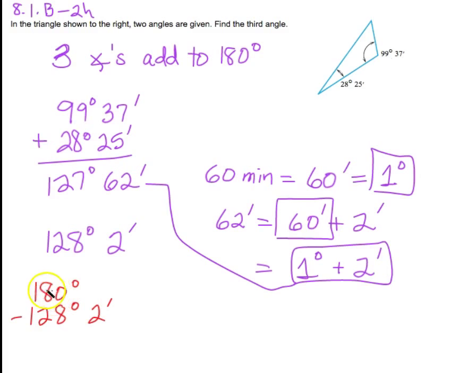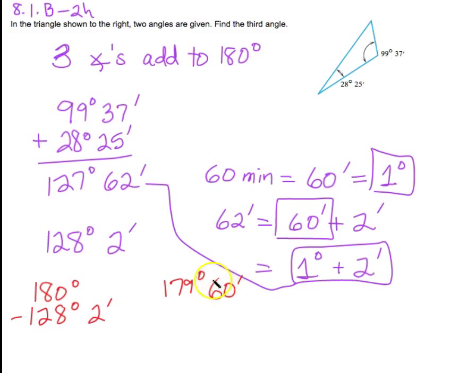Well, in this case, what we're going to do to create that effect is think of 180 as 179 degrees plus 1 degree. And that 1 degree, remember, is the same as 60 minutes. So I can take that 1 degree and write it as 60 minutes.